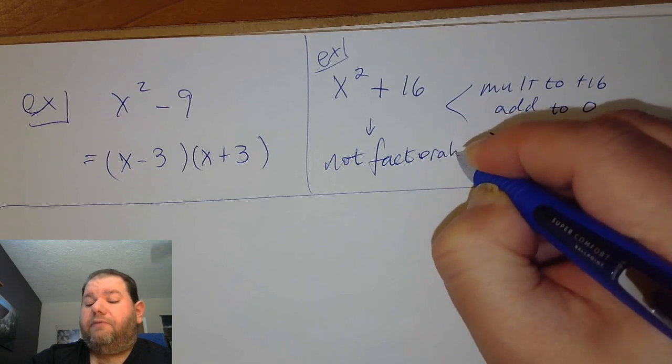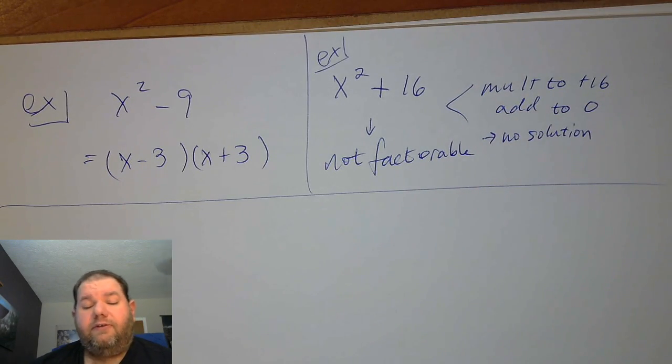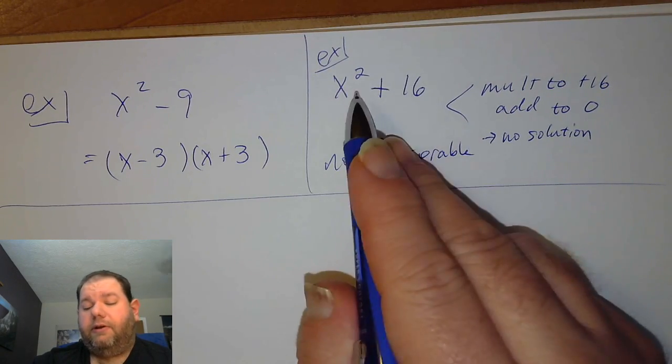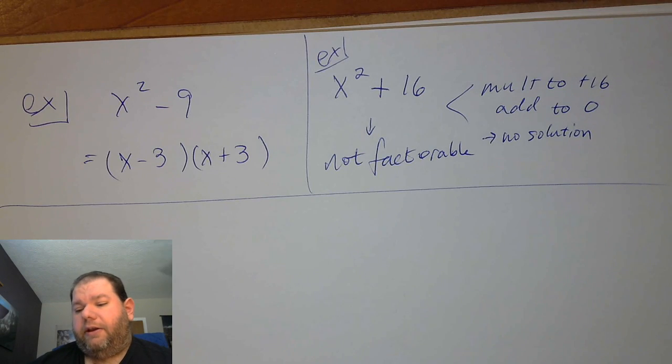It turns out not everything is factorable, and this is just one instance of that. This is what we call the sum of two squares, because we have two square terms being added together.